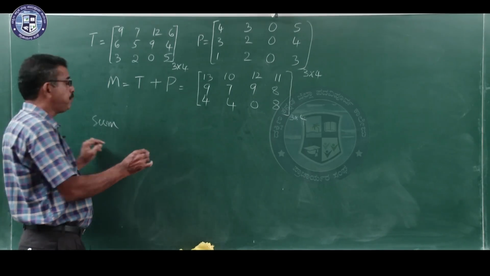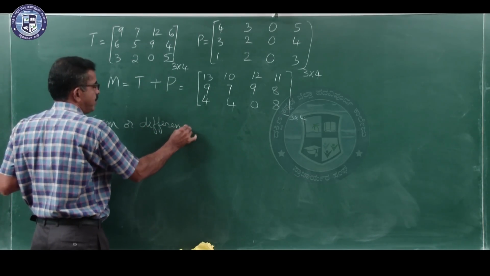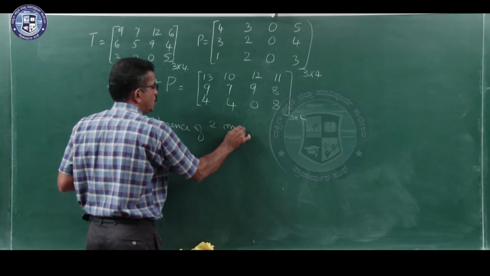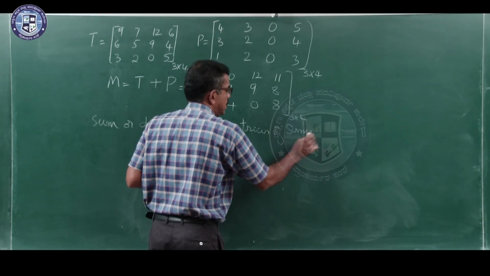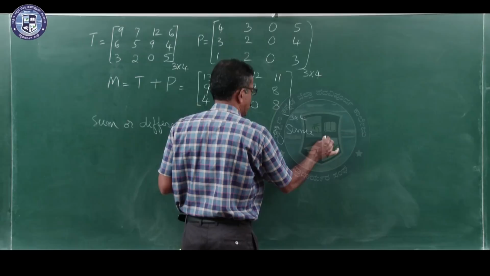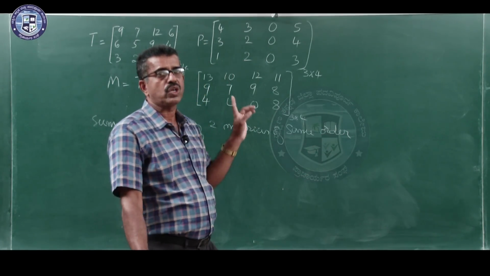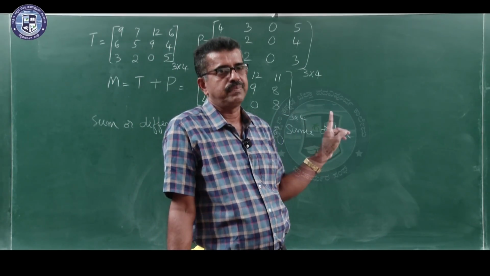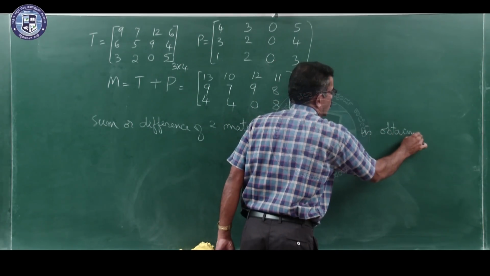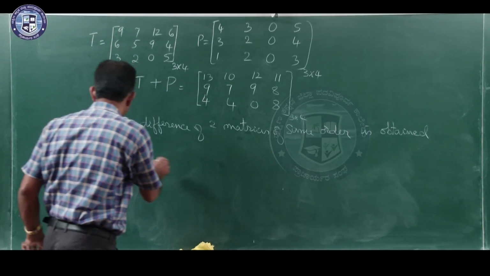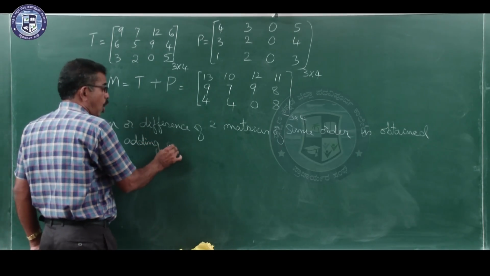What do you mean by the sum or difference? The sum or difference of two matrices of the same order. What is the condition for adding or finding the difference of two matrices? They must be of the same order. That is very important. If the matrices are not of the same order, you can never add them. And that is obtained by adding or subtracting.